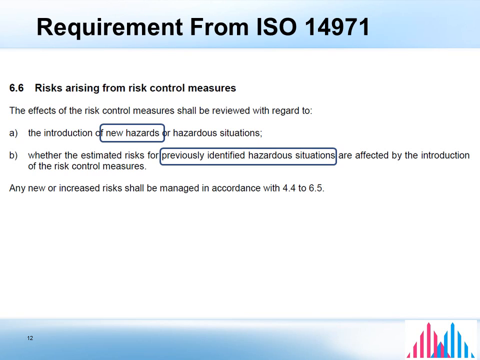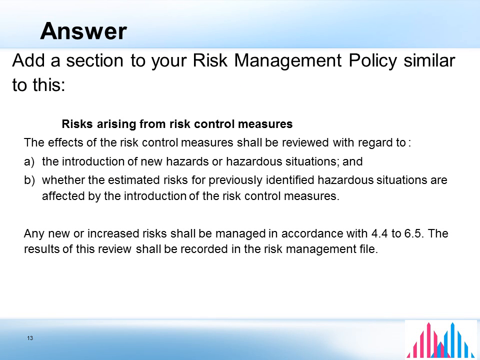At the bottom of Clause 6.6, we see the important information that says these new or increased risks have to be managed in accordance with 4.4 to 6.5 of the standard. In other words, these new or increased risks are fed back into the risk management system as a whole and have to be addressed. By now you can guess that the answer is in two steps.